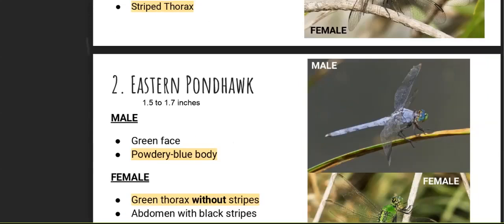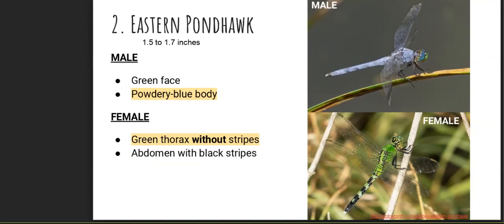Then there is another common dragonfly in Florida, the Eastern pond hawk. The male has the whole body, abdomen and thorax, in a powdery blue color. The female has a more yellowish thorax and a striped abdomen. This can be up to 1.7 inch big.